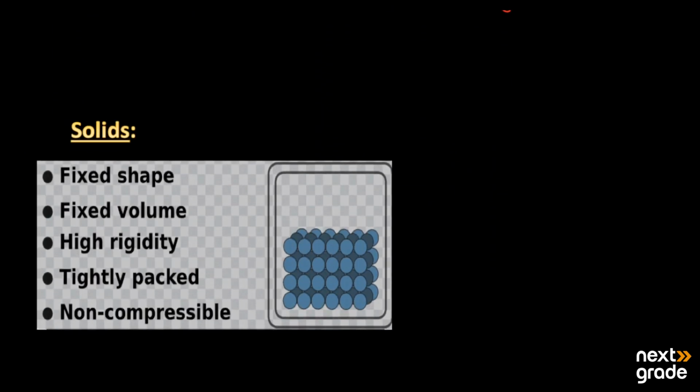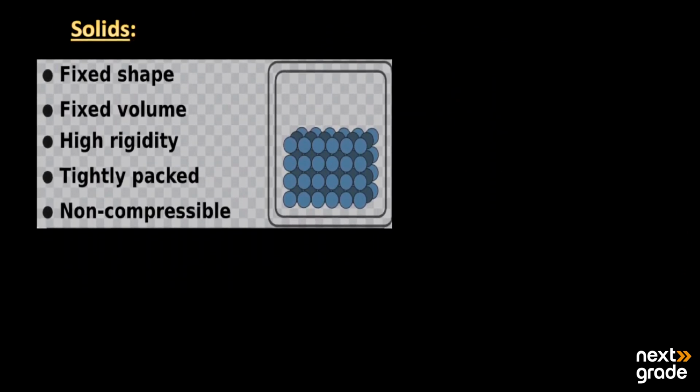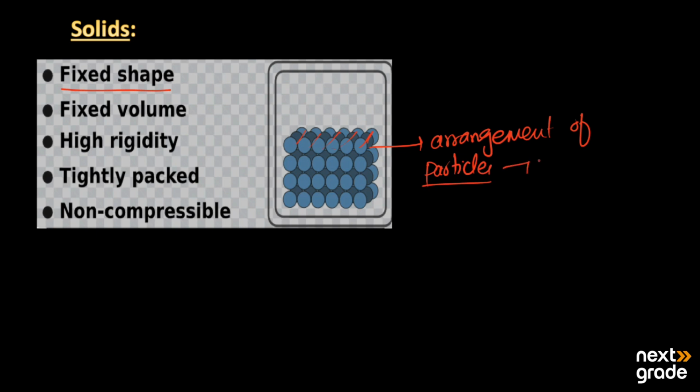Next we have the properties of solids. When we look at solids, they have fixed shape. Fixed shape means all the particles are arranged in a regular manner.